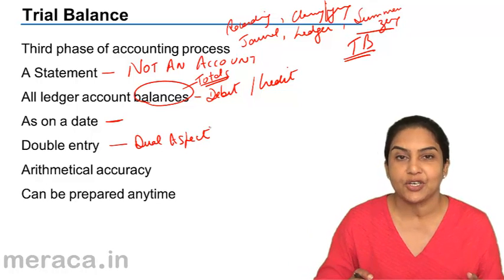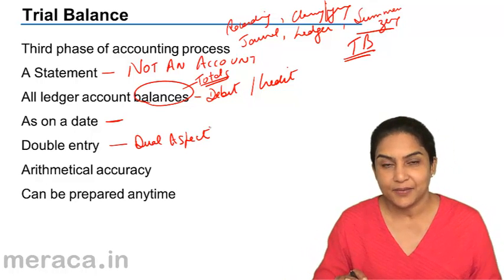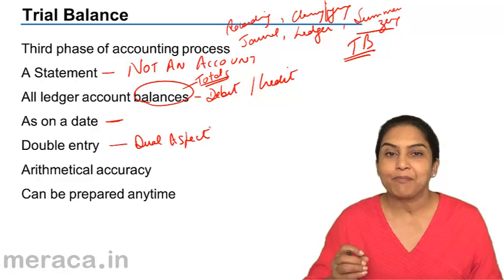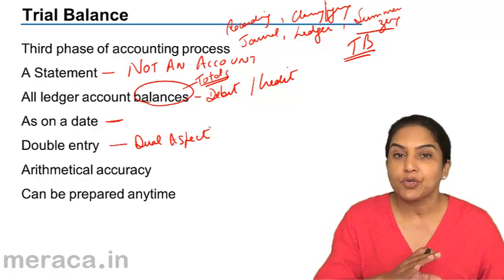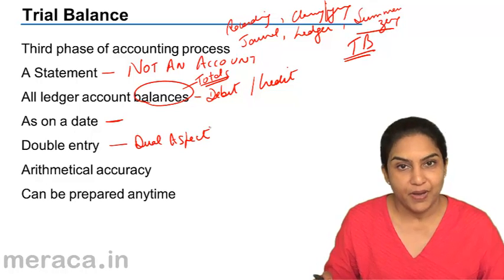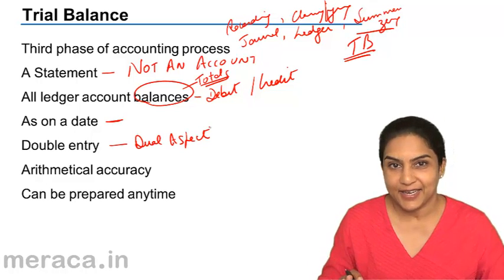A transaction, when we record in a journal, is recorded in such a manner that the debits equal the credits. If we correctly post what we have recorded in the journal to the ledger, the sum total of the ledger account balances will also have equal debit and credit.